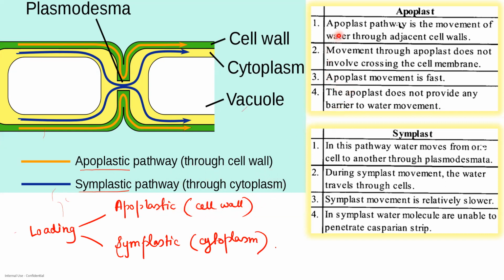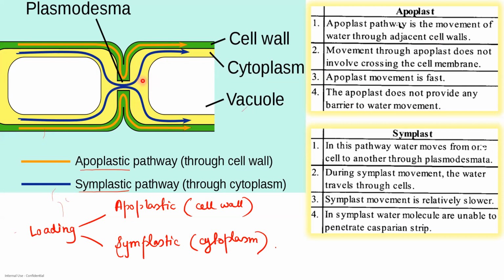Here are some very important key points about apoplast and symplast. Please take a note of it later. The most important point is the first one. The apoplast pathway is the movement of water through adjacent cell walls, and in the symplast pathway water moves from one cell to another through plasmodesmata.